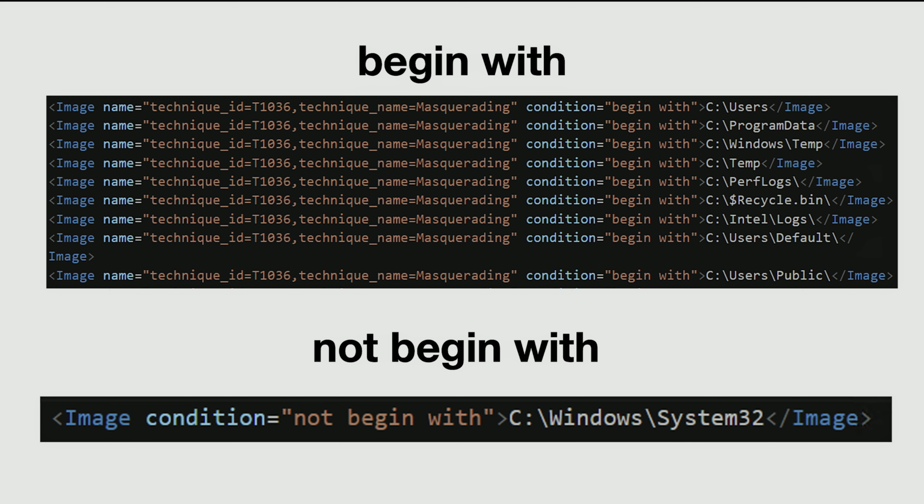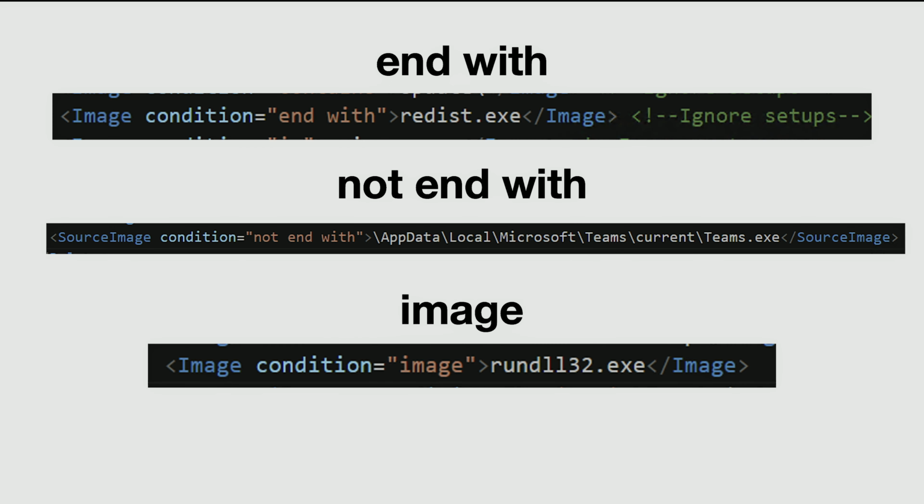Then we have not begin with. So this is useful if I'm looking for executables that were not executed from C Windows System 32. And this will allow me to consolidate probably a bunch of rules when I'm normalizing behavior in a system based on the execution, either via parent and child in a rule set.